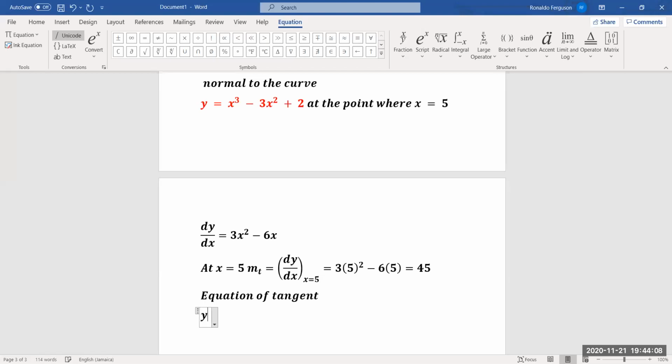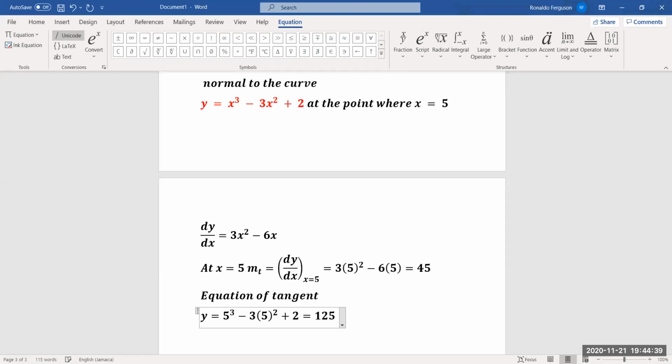So we're getting y equal to 5 cubed minus 3 times 5 squared plus 2. So what's y? 125.